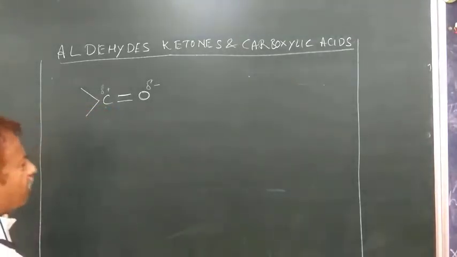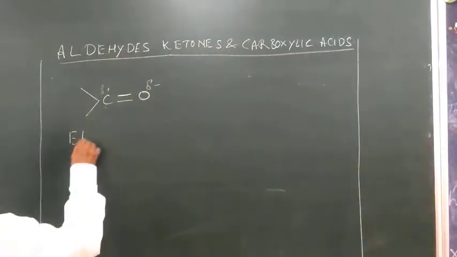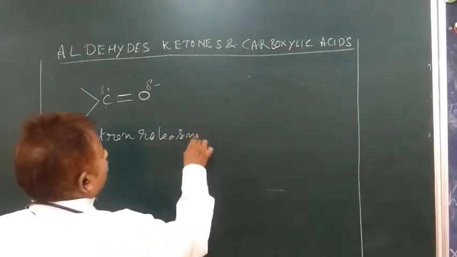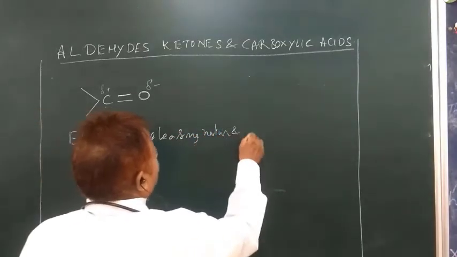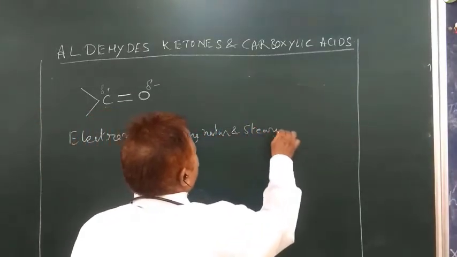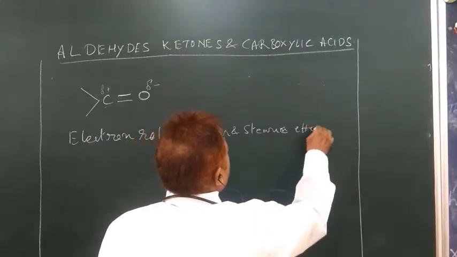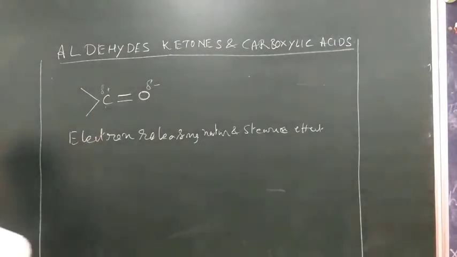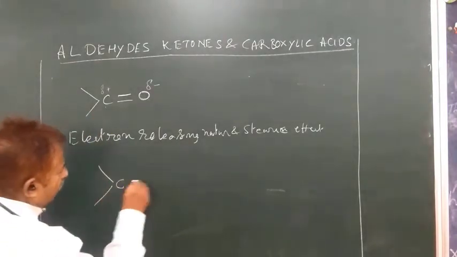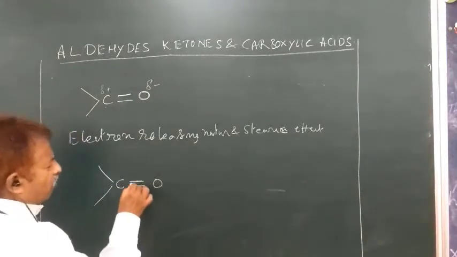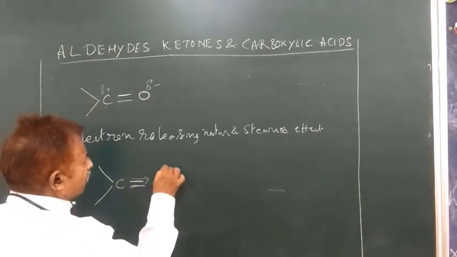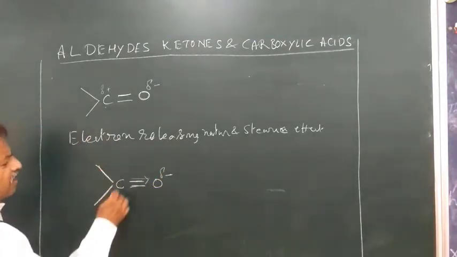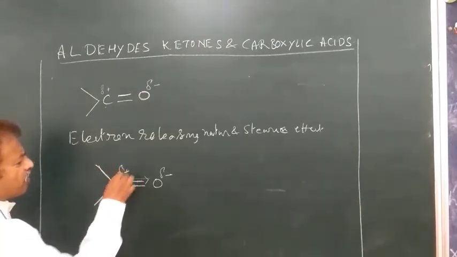What are the factors affecting nucleophilic addition reactions? One is the electron releasing nature and another one is the steric effect. Now, the electron releasing effect. Here we have carbon and oxygen. Electron density is pulled towards oxygen, therefore it gets a partial negative charge, and carbon gets a partial positive charge.